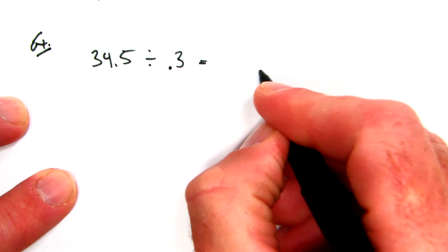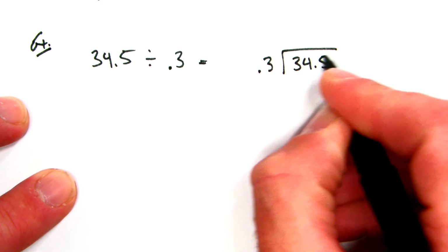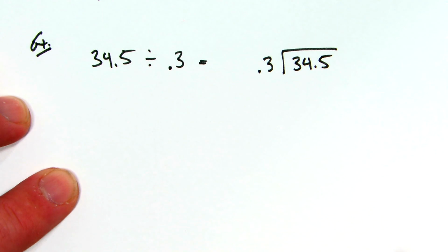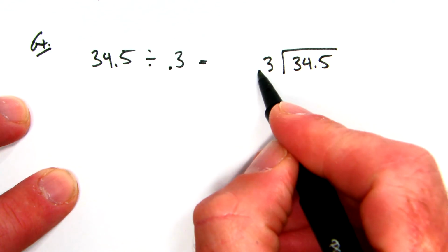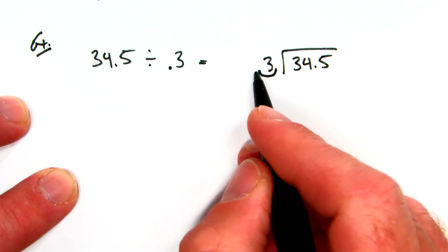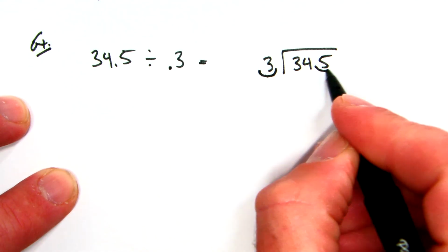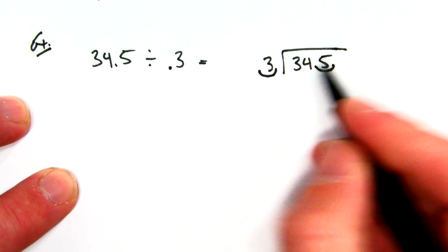So let's write it with our bracket. Now, here's where it's different. We just solved before, but this time, since we have a decimal here, we have to make it a whole number. So we're going to move it once to the right. Well, whatever we do outside, we have to do inside. We're going to move it once to the right.